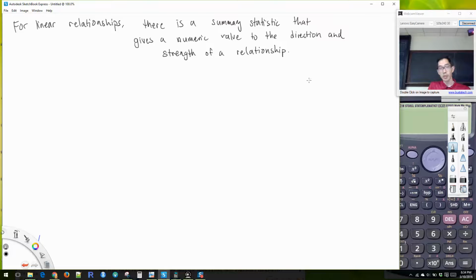And this value is called the correlation. Okay, so we have correlation, and it's given by the symbol R, kind of like relationship. Basically R can be any value between -1 and +1, inclusive.